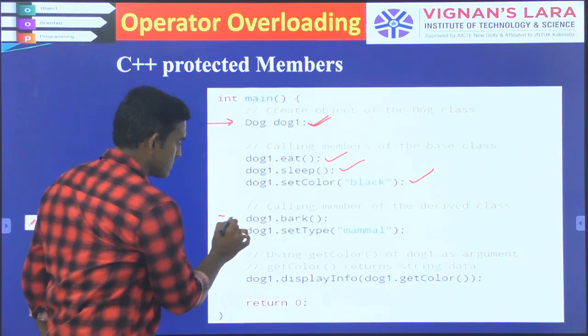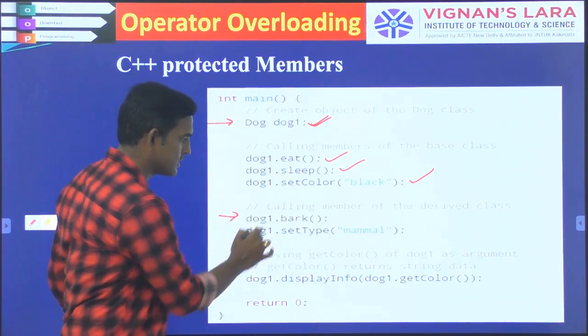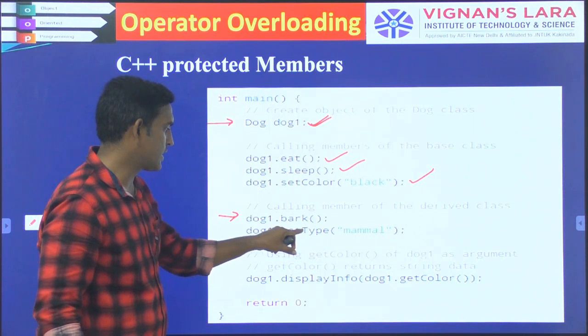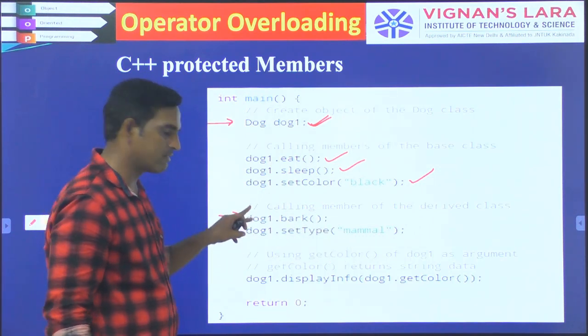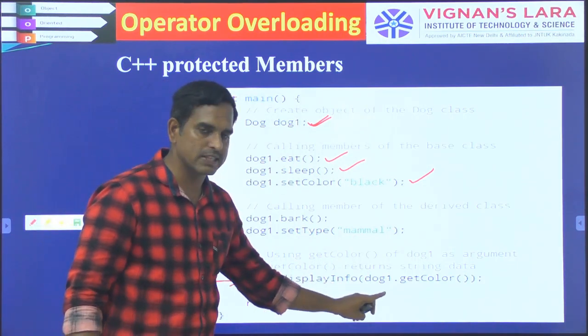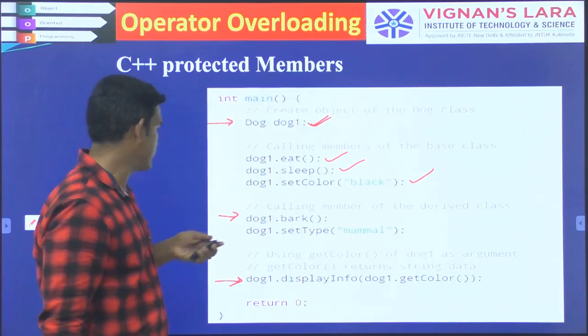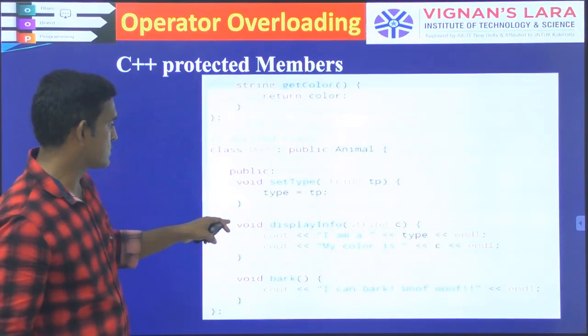After that, you can call your derived class methods also. The derived class methods are your bark method and set type method. You are having two methods, and the last one is display info method you are calling, which is present in your derived class. You can see the derived class.